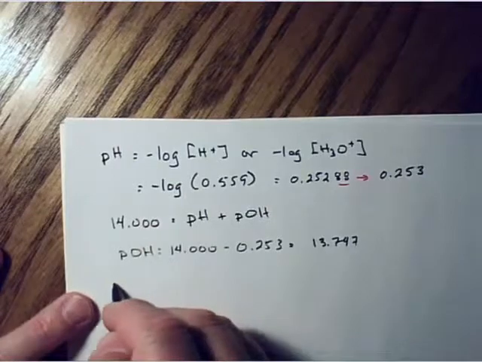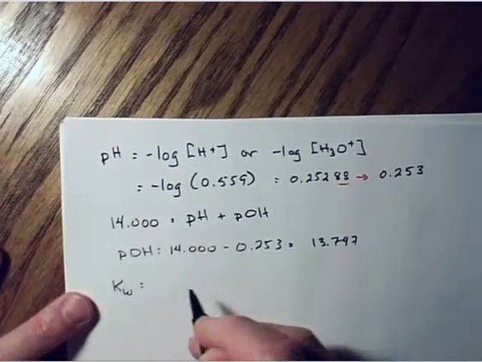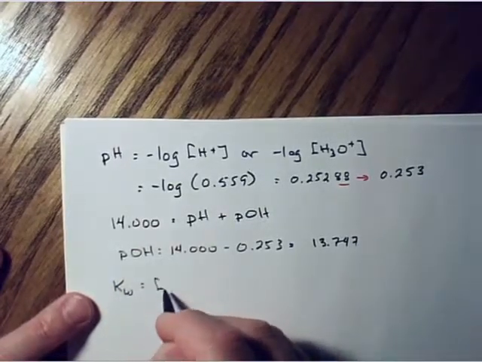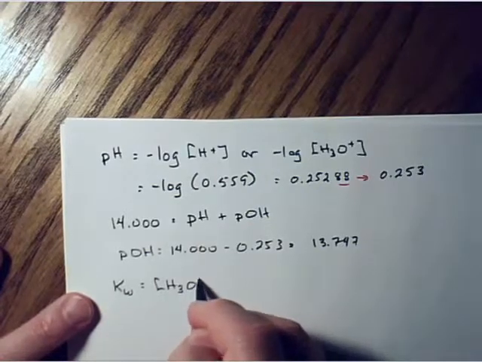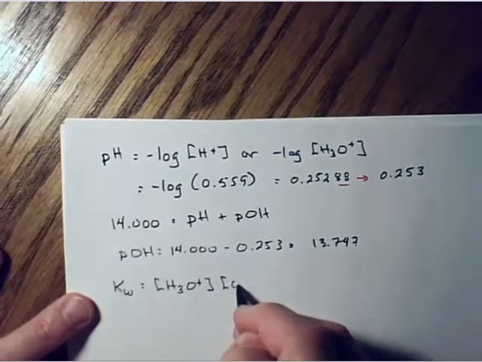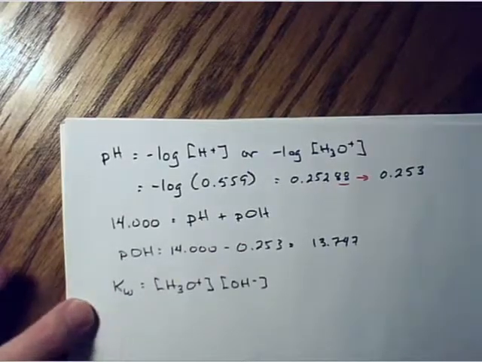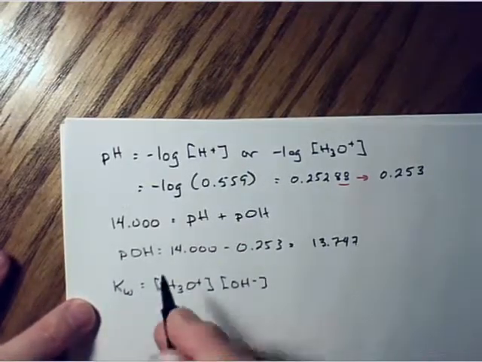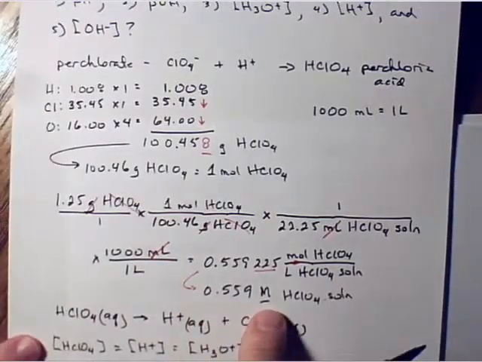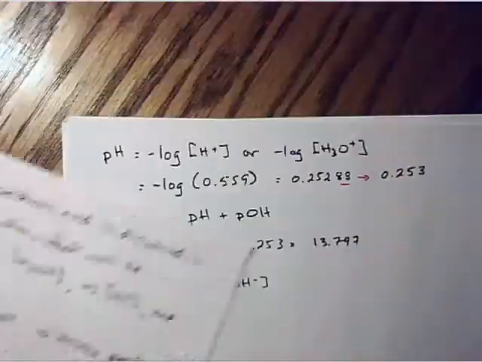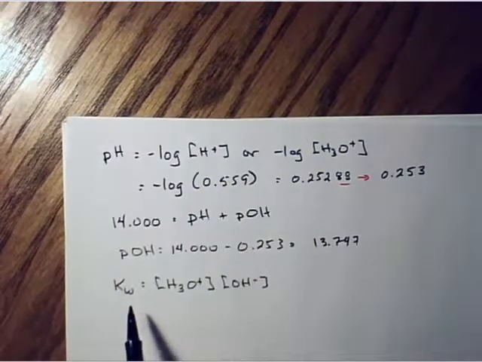So I want to use Kw equals the hydronium ion concentration times the hydroxide ion concentration. We calculated the hydronium ion concentration to be 0.559 molar. We just need to know what Kw is.